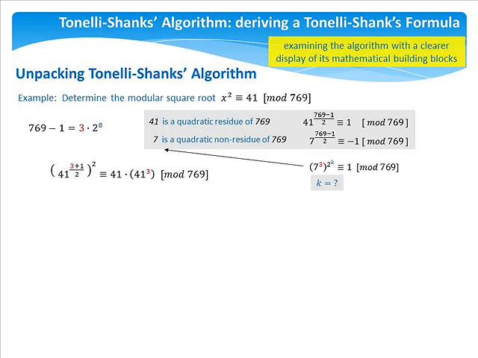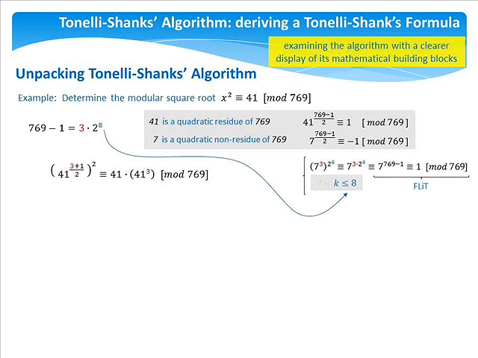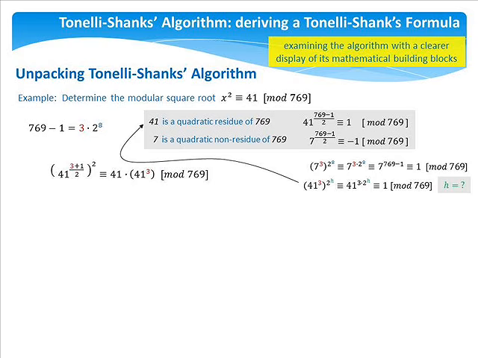Then, we know that 7 raised to 3 has order 2 raised to 8, as 7 is a quadratic non-residue, so 7 raised to 3 raised to 2 raised to 8 minus 1 equals 7 raised to 769 minus 1 over 2, which is congruent to minus 1 modulo 769. Next, we need to find the order 2 raised to h of 41 raised to 3.